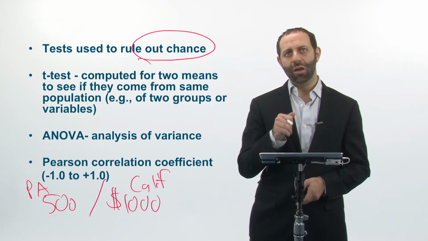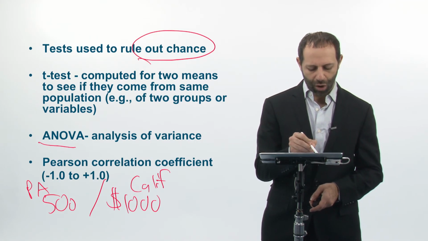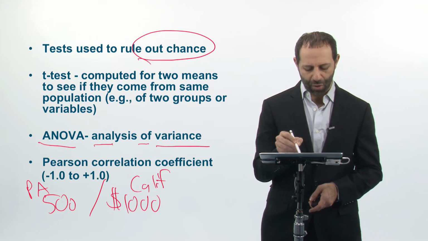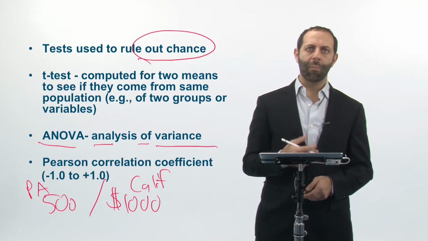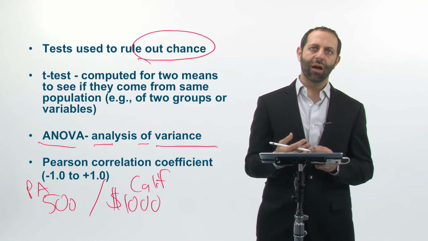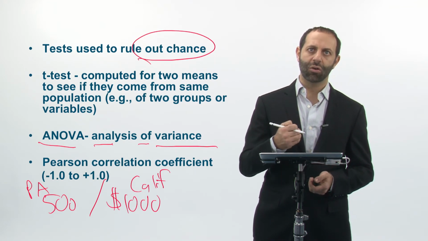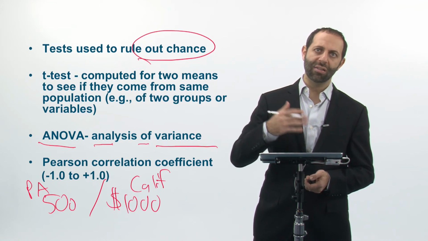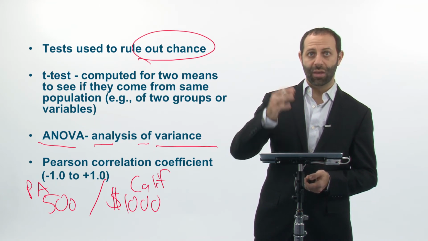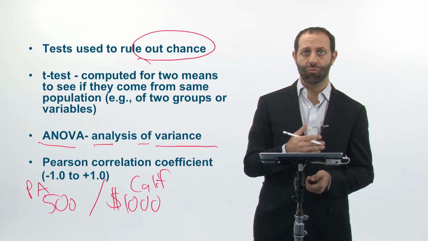So another type of test that is used is called the ANOVA test, which is short for analysis of variance. And in this type of statistical analysis, we are measuring the differences among our statistical numbers, among our findings. How much does a finding vary from, let's say, the average in a particular group?